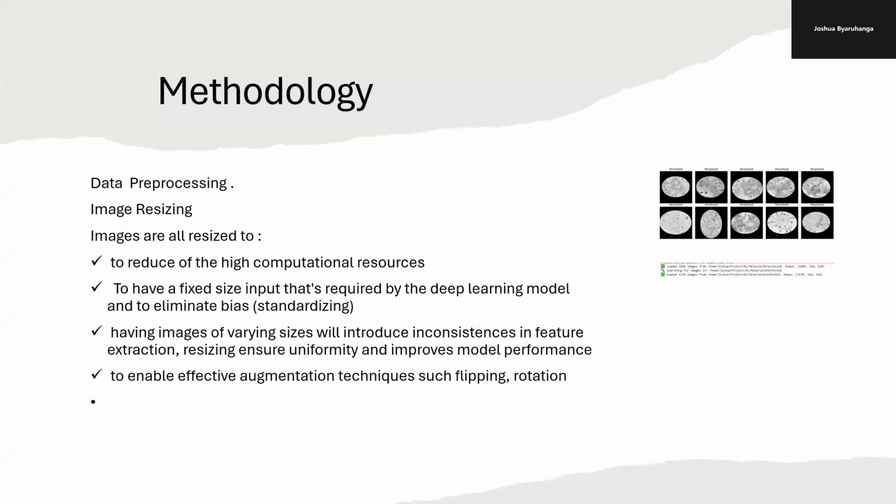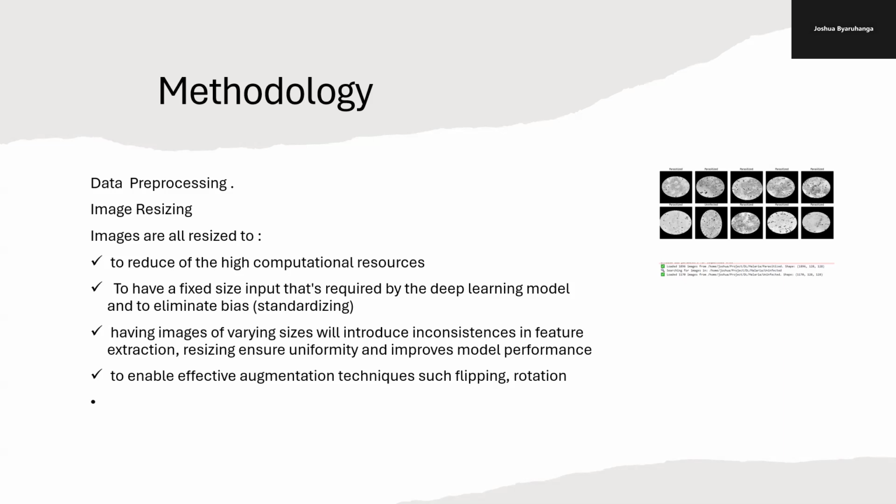This involved image resizing. Image resizing helps to reduce high computational resource use. It also helps to have fixed size inputs that are required by the deep learning models, and this also helps to eliminate biases within the model.